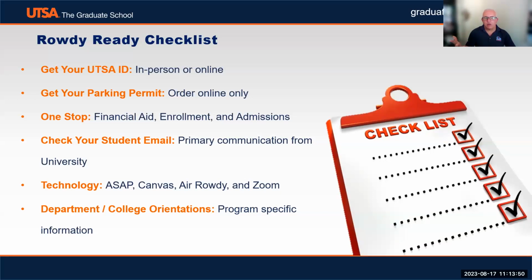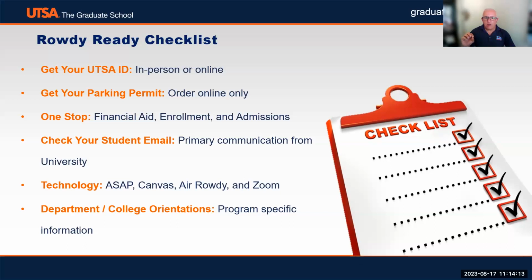And then, of course, all students now have a Zoom account available to them. So any time you log into a system that has to do with UTSA related business, you're going to use your ABC 123 and your established passphrase.